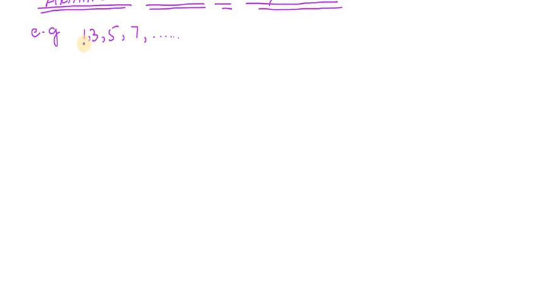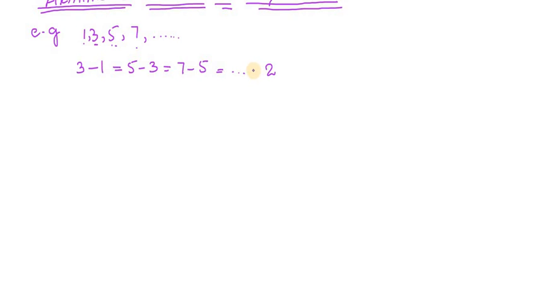Let's suppose this is the first term and this is the second term: 3 minus 1 is equal to 2, and the difference between the next two terms is also 2.